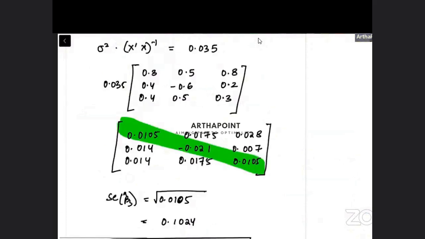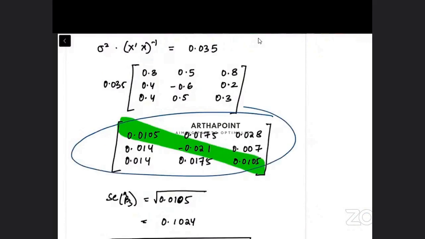Now when you multiply, you will actually get this matrix. This matrix is called the variance covariance matrix.